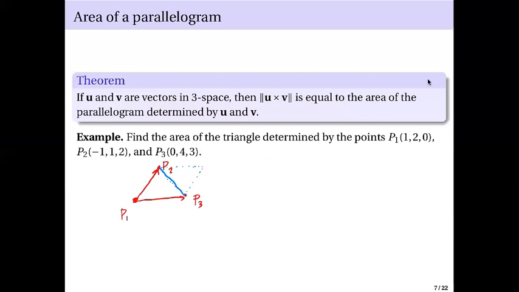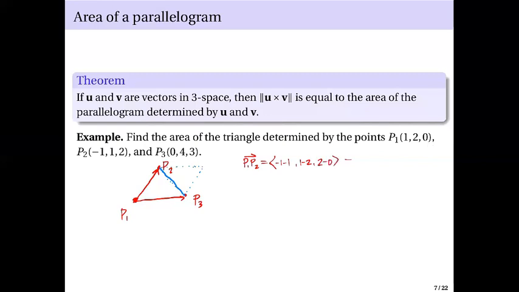So let's use P1 as our common initial point. So we get P1, P2. That's your first vector. P1, P2: you have -1 minus 1, 1 minus 2, and then 2 minus 0.